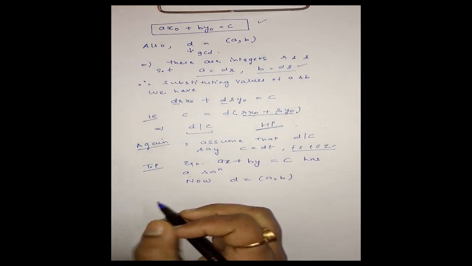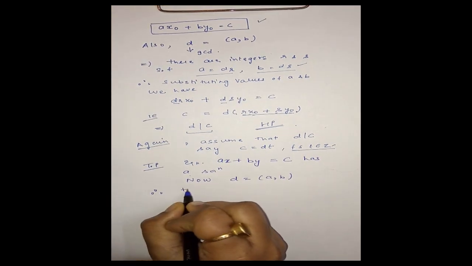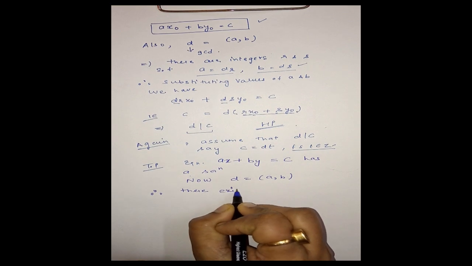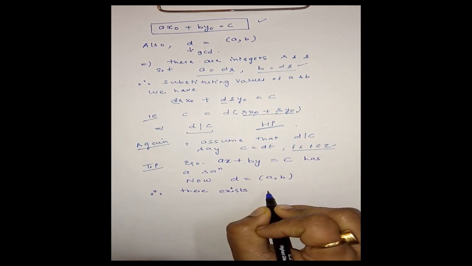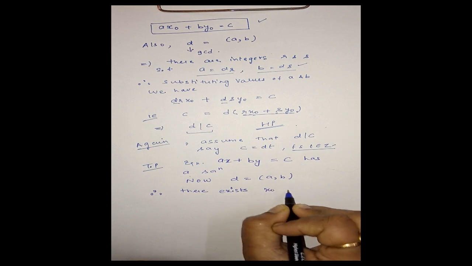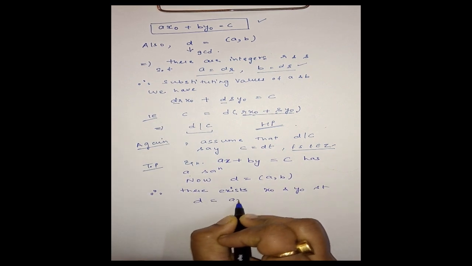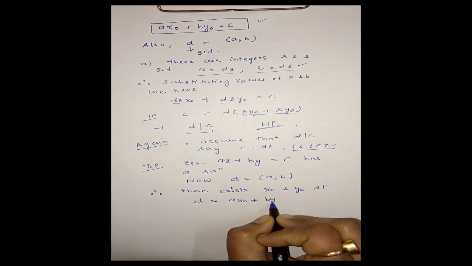Therefore there exist integers x naught and y naught such that d is ax naught plus by naught.